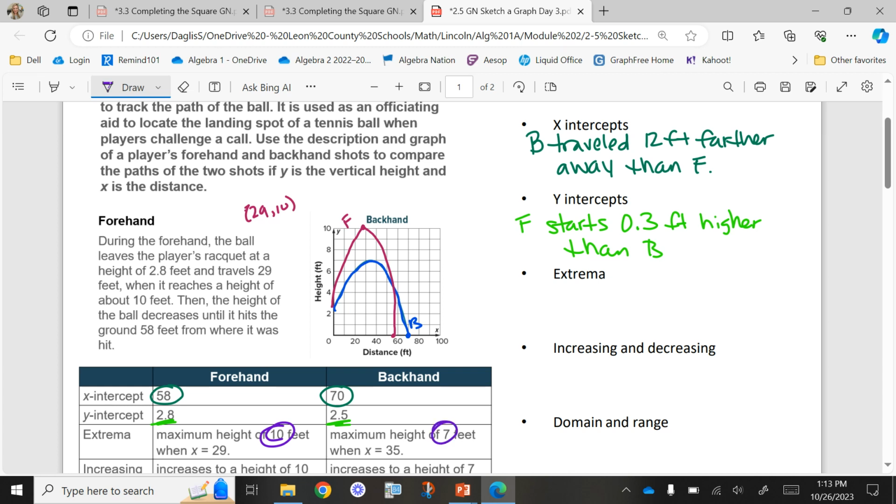So what can I say? My forehand reached a maximum height that was 3 feet higher than the backhand. Reached a max height that is 3 feet higher than the backhand.